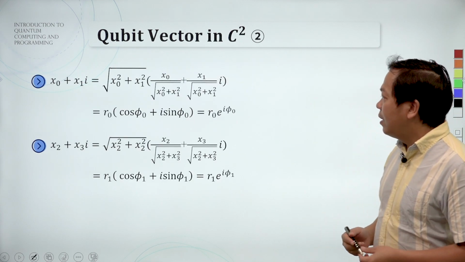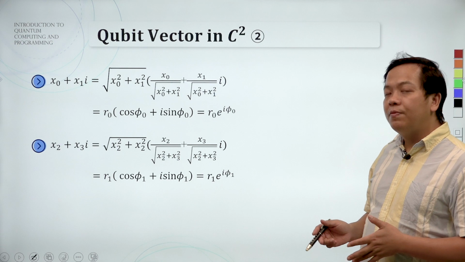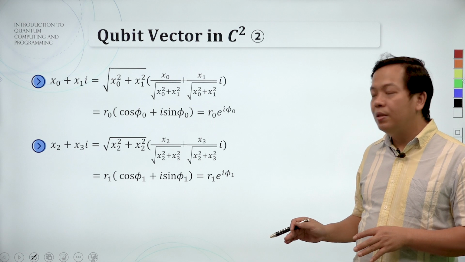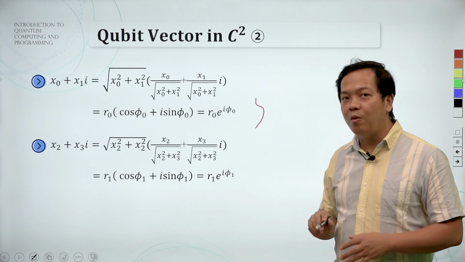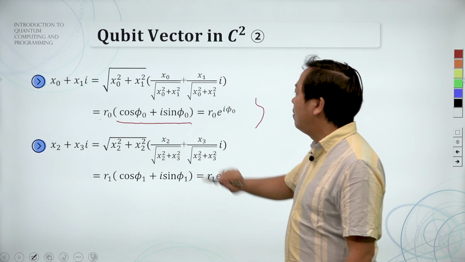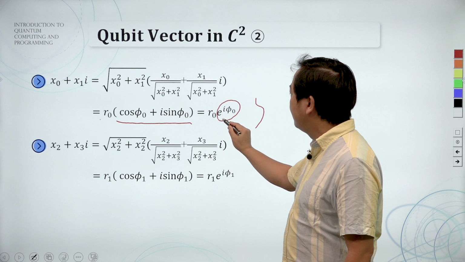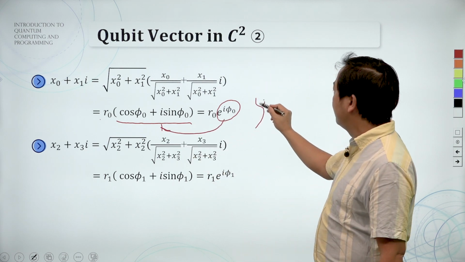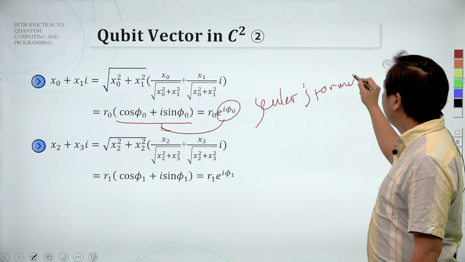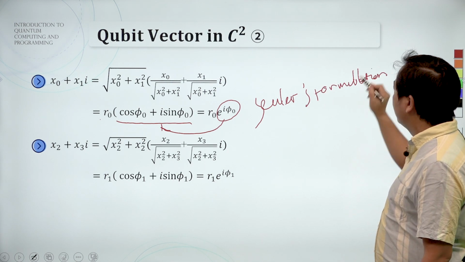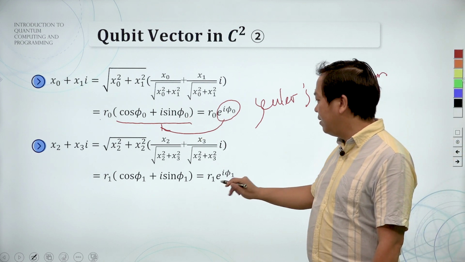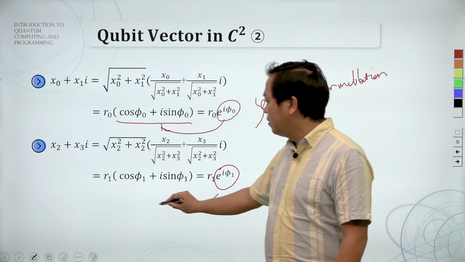This is how we can calculate the transform between the qubit vector and the Euler's formula form. If you see this Euler formulation, this third one is similar, and we can convert to this one.